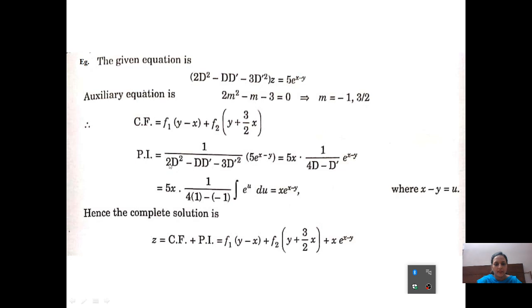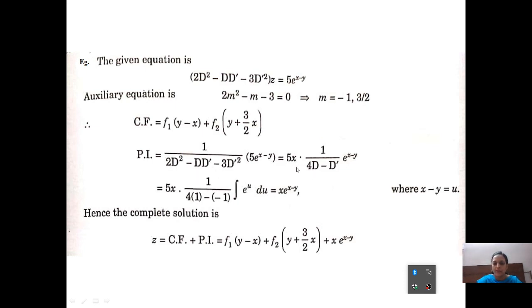On placing a in place of D and b in place of D dash in this question, this expression becomes 0. So this is actually a case of failure, because this method fails when this part becomes 0 on placing D as a and D dash as b. So we have to use the case of failure method.